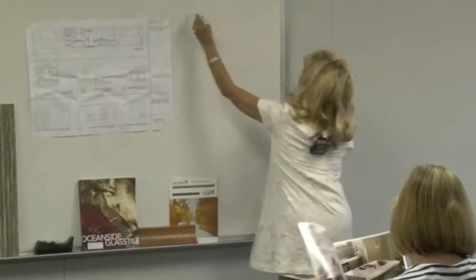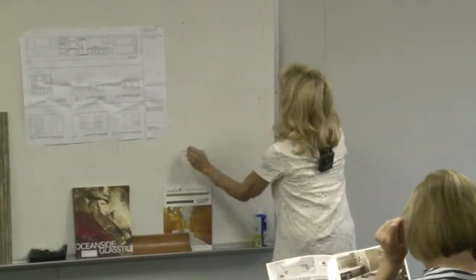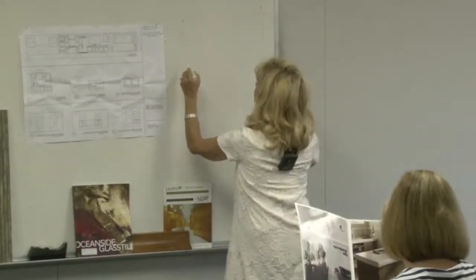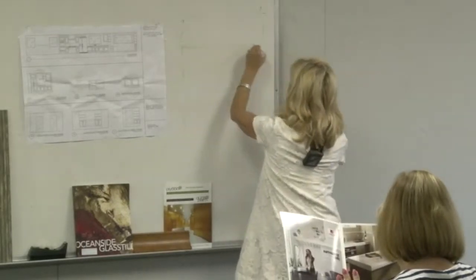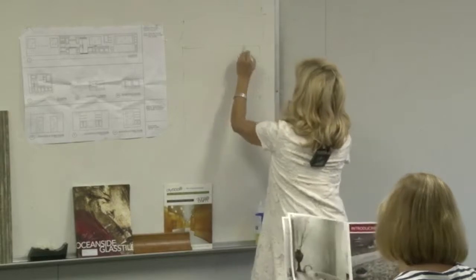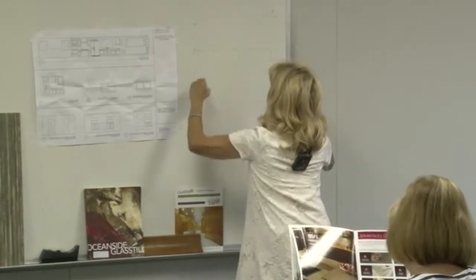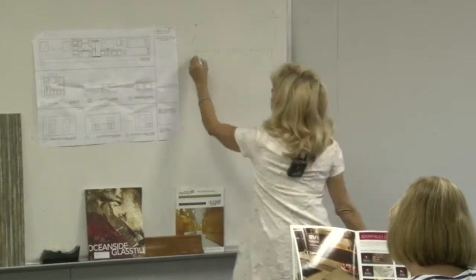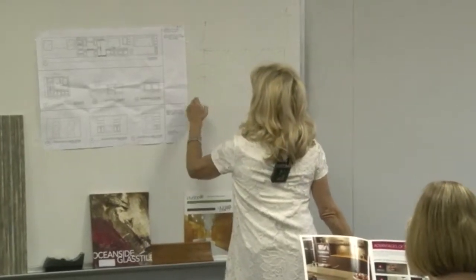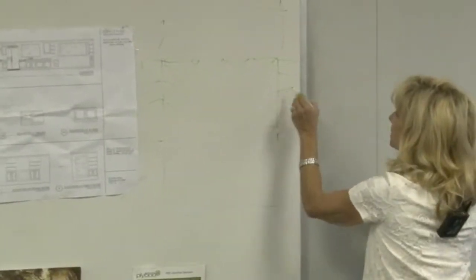So let's say this is your hood and this is your stove top. So here I might create a picture frame, and maybe I'll do whatever we're using on a diagonal here, and maybe the rest of it would be straight, just to create some interest.